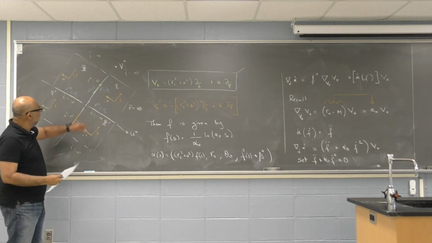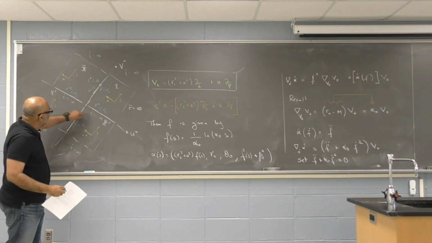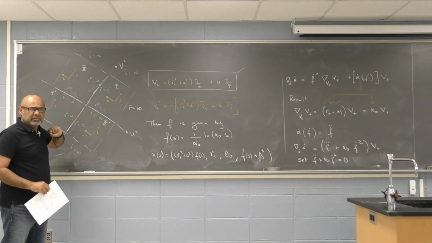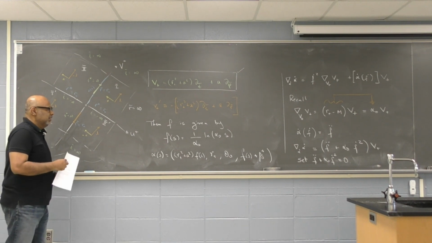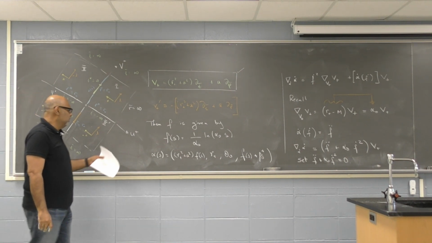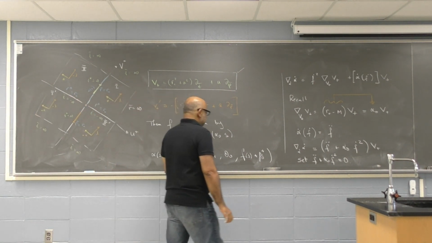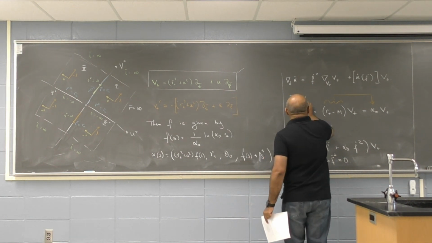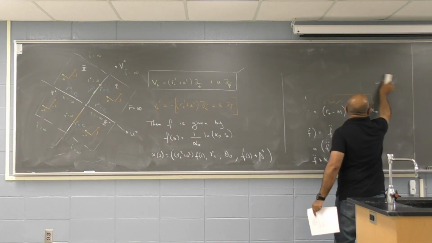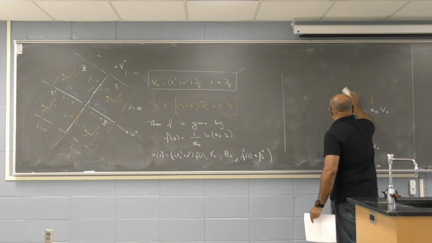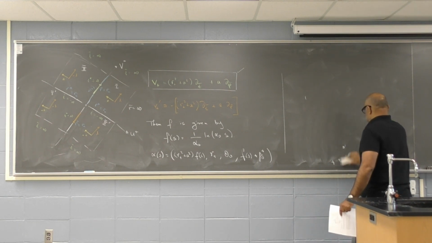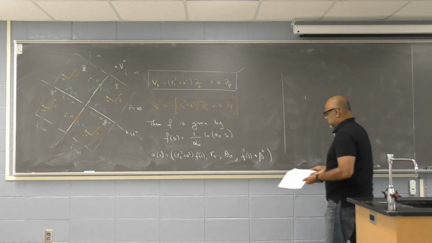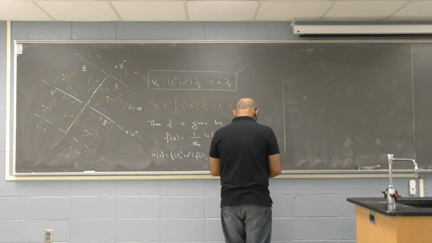As s goes to 0, its t-bar equals minus infinity. I don't need to repeat the same thing again, but I have beta here.